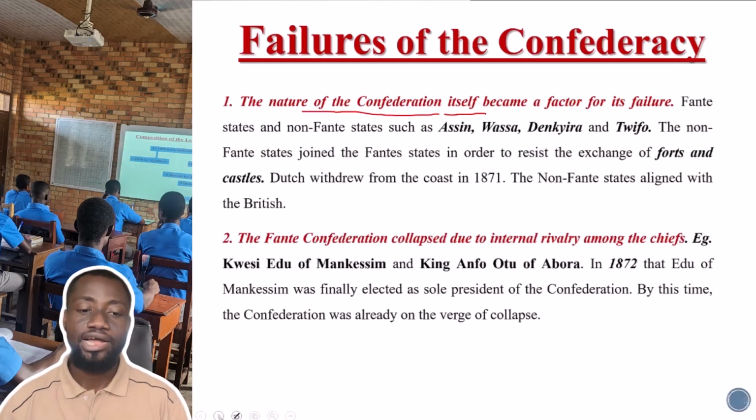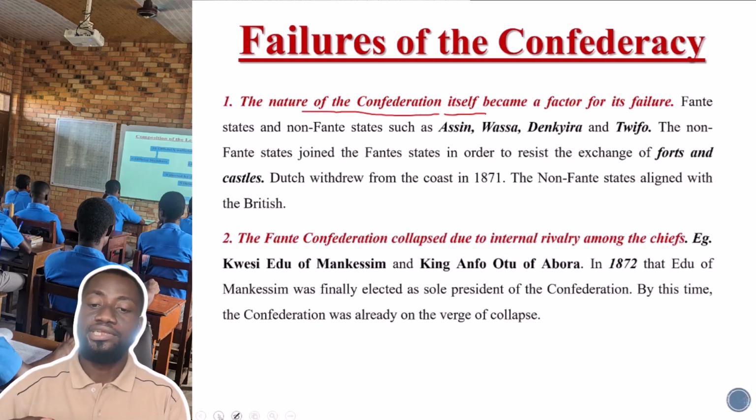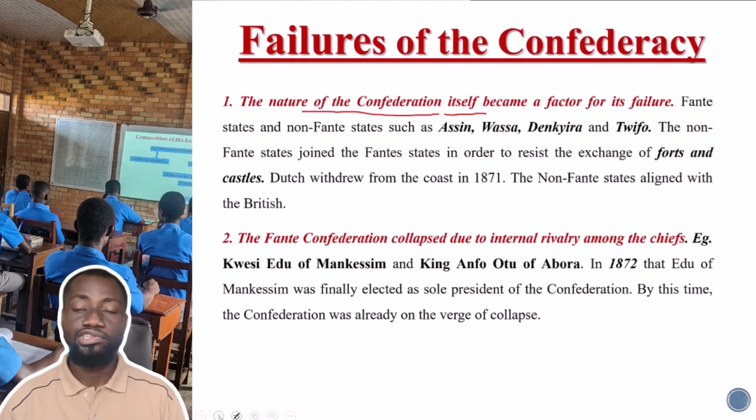The next one also had to do with internal rivalry among the chiefs. An example was Kwesi Edu of Mankessim and King Amfo Otu of Abra. In 1872, Edu of Mankessim was finally elected as sole president of the Confederation. By this time, the Confederation was already on the verge of collapsing.